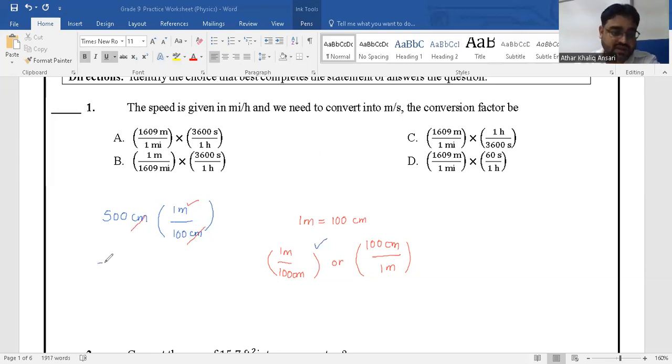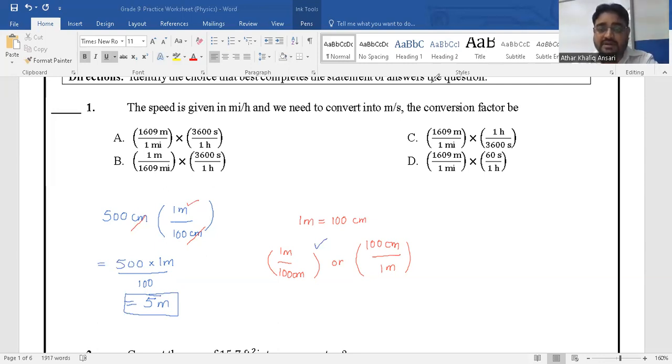So I write 500 with no unit times 1 meter over 100. 500 divided by 100 is equal to 5, and the unit is meter. So we got that 500 centimeter is equal to 5 meter. This is how we can easily convert any unit into any other form.